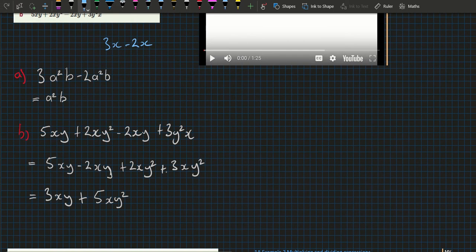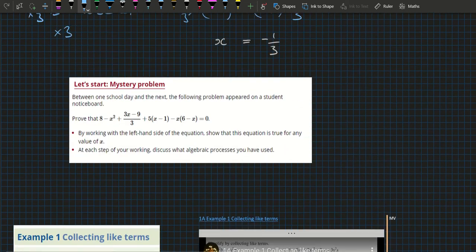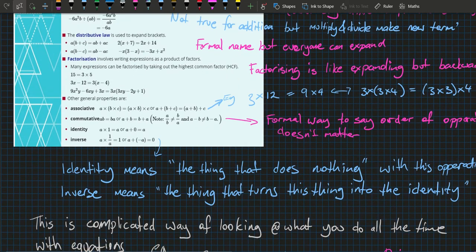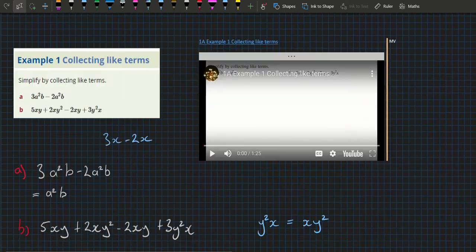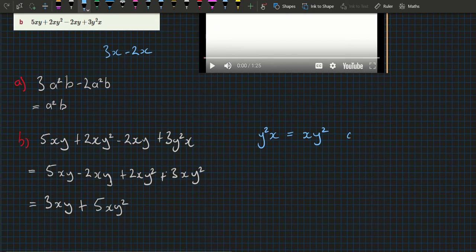And here we've got the two different terms: x and y, and x and y squared, and y squared and x. Now y squared x is equal to x times y squared because of that rule, commutative. So multiplication is commutative.